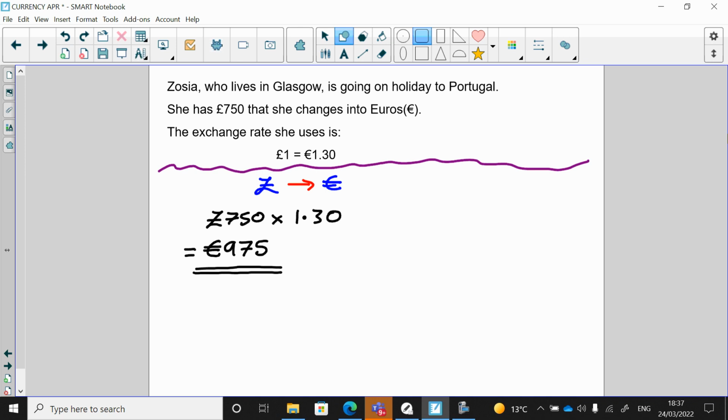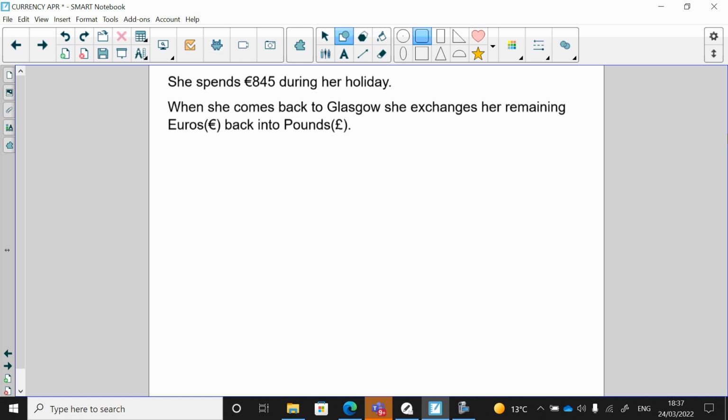Okay, that's done. But it did tell you in the story that they spent a certain amount of euros. So we're going to deal with that next. They're saying that they spent 845 euros, and then they want to exchange the euros back into pounds.